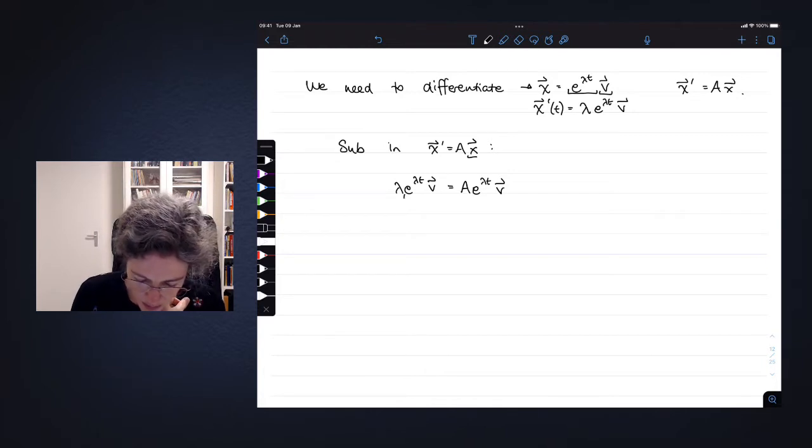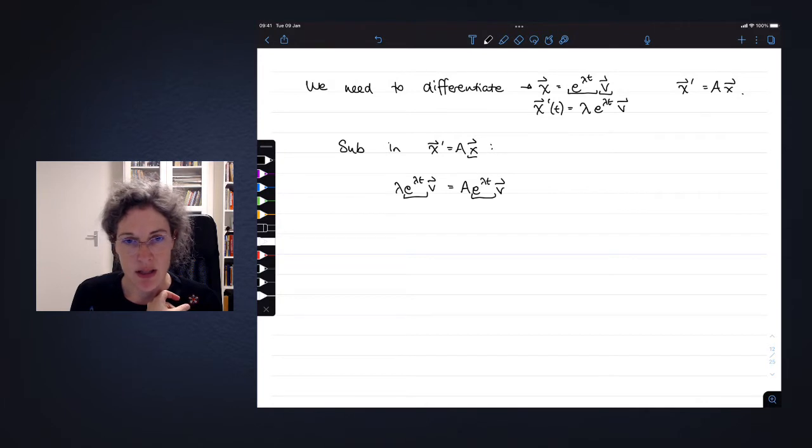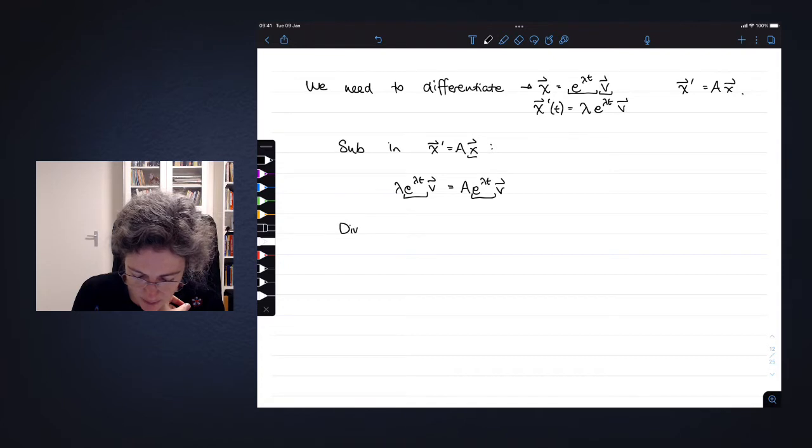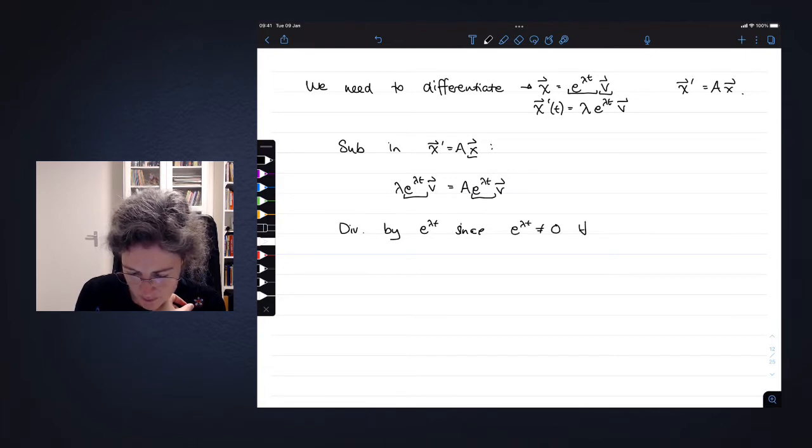Notice that we've got an e to the lambda t on both sides, and e to the lambda t is never 0, so we can divide through by e to the lambda t. So let's do that. This funny symbol here means for all. So we end up with lambda times v must be equal to A times v.